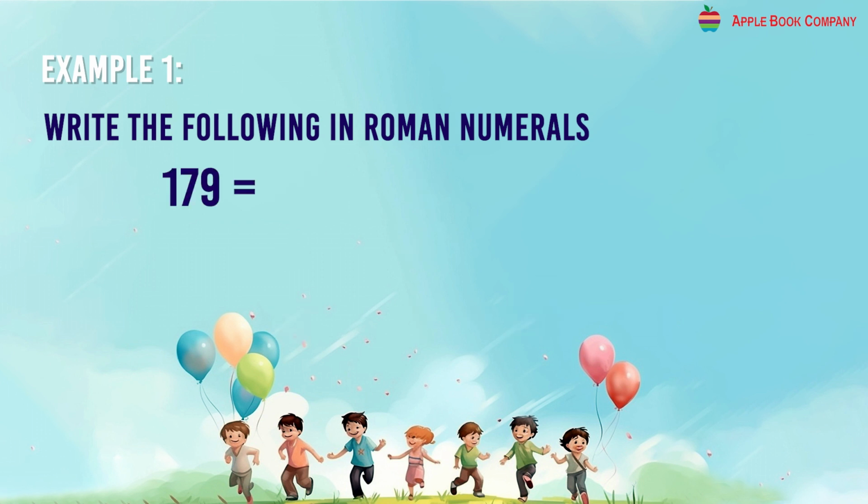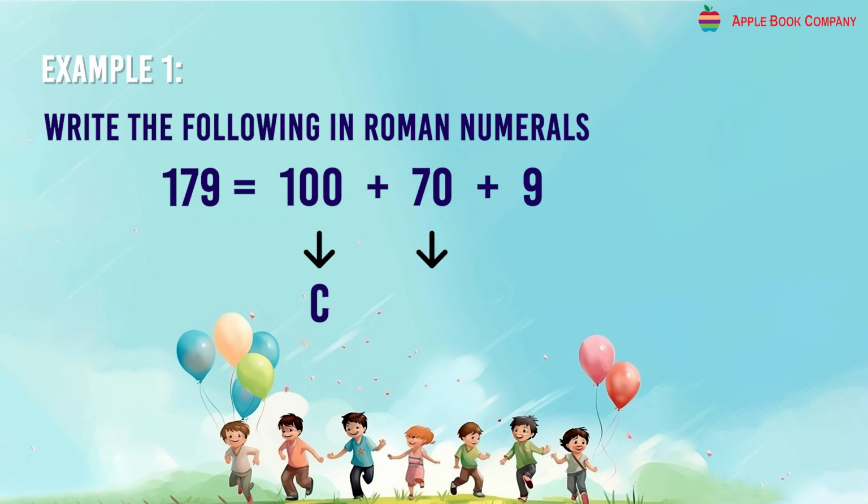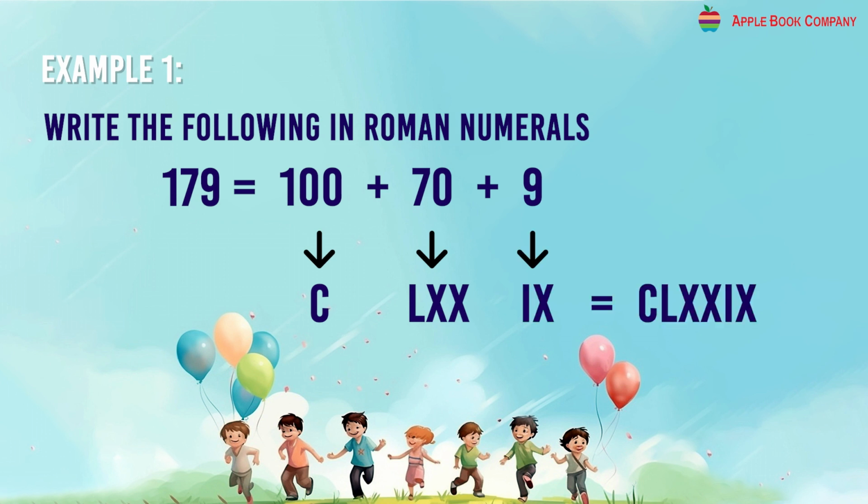Next, 179 is 100 plus 70 plus 9. 100 is C, 70 is LXX, 9 is IX. Total CLXXIX.